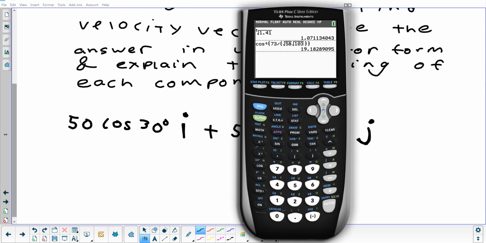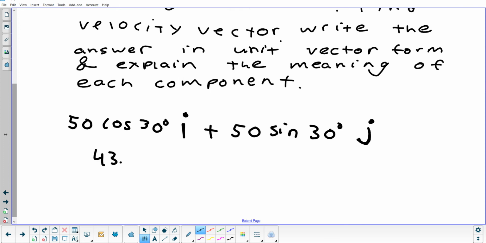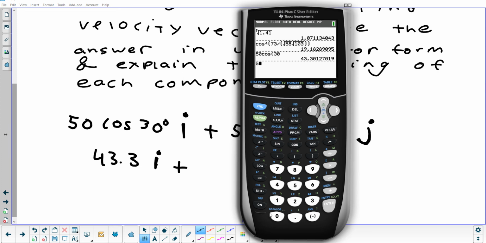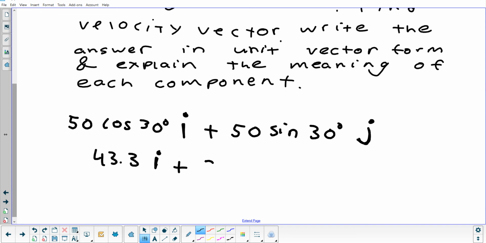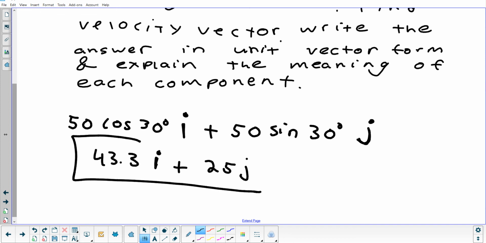Make sure you're in degrees. 50 cosine 30 gives me 43.3 i, and 50 sine 30 gives me 25 j. So that's the velocity vector if you write it out in i and j notation. You could also write 43.3, comma, 25 and use the angle brackets.